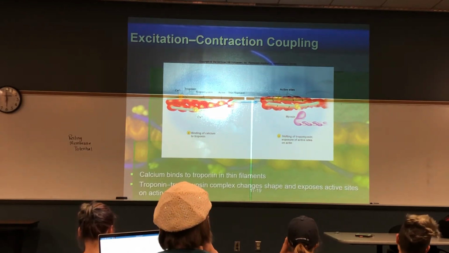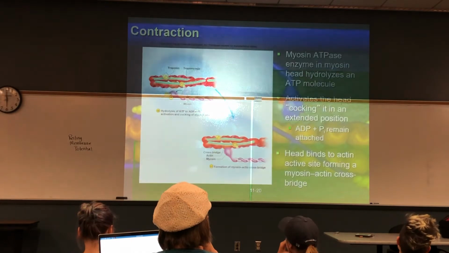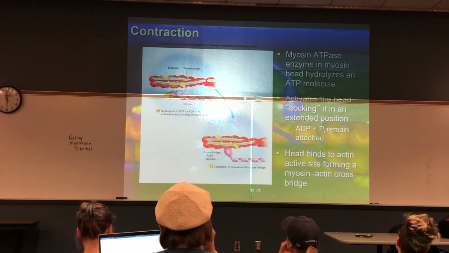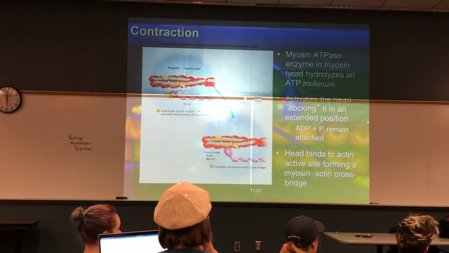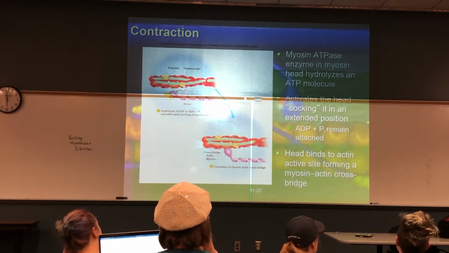So without calcium being released, these active sites would never be exposed. So all we have to do now is put the golf club head into each active site, and they all get filled. And then something called the power stroke, which I'll talk about in a minute, occurs where the golf club inserts, and then they all go like this, like that.